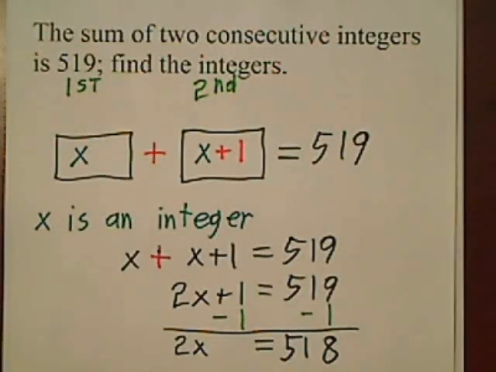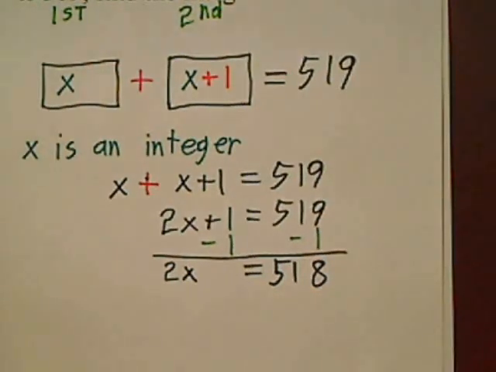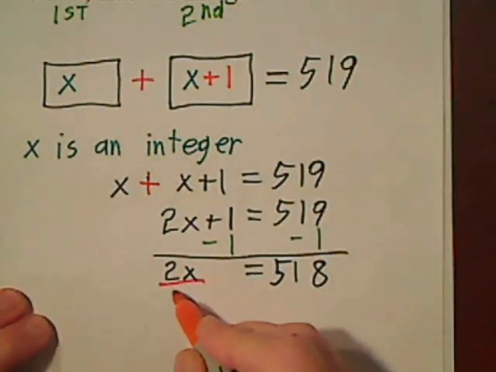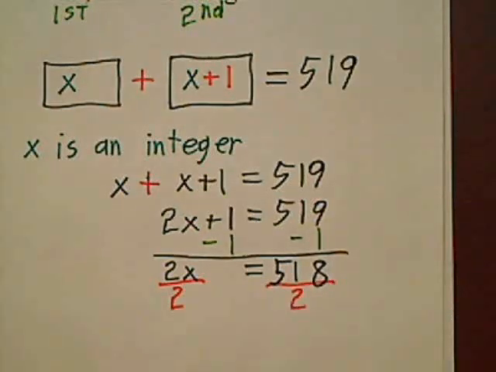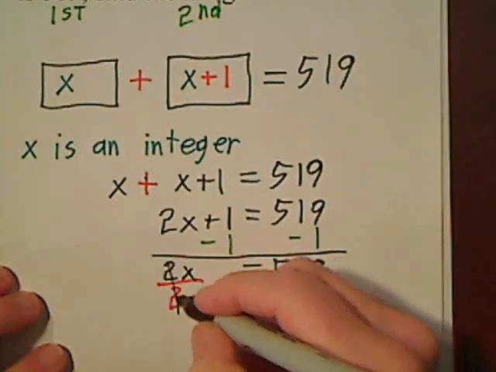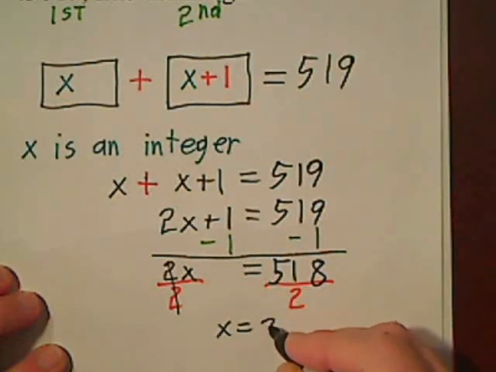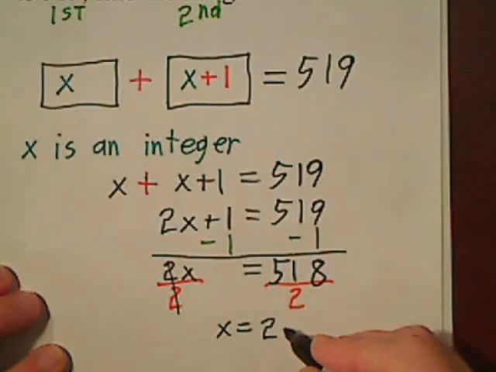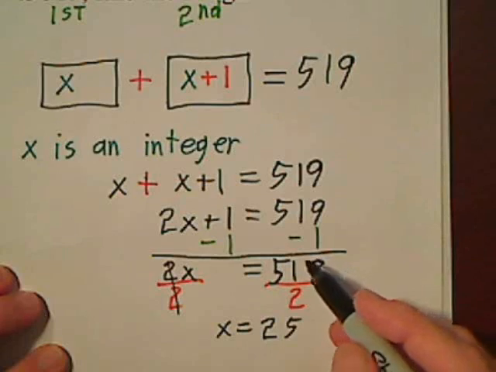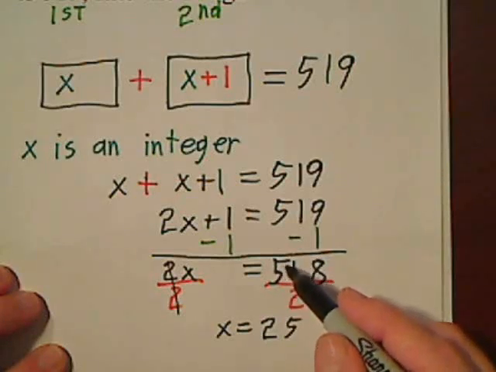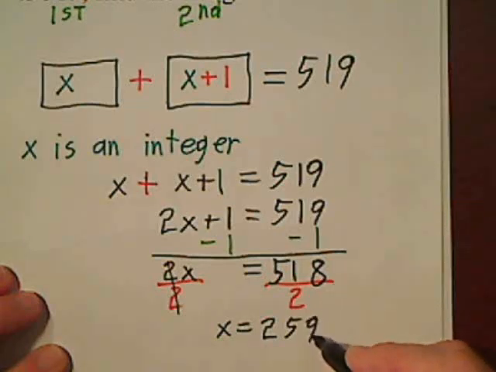Now get rid of the 2. And you get x equals 259.